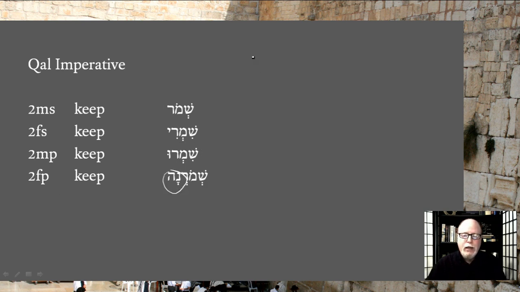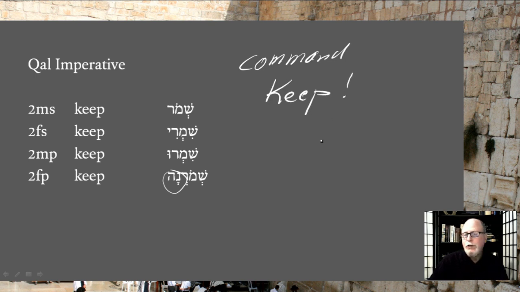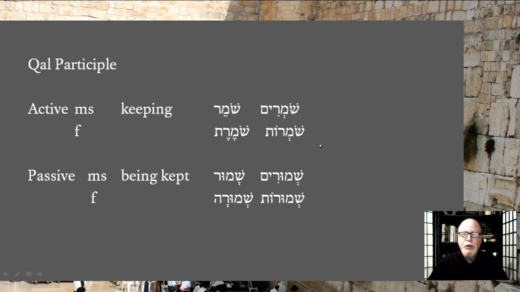This is going to be translated as a command. So if we use the word keep or he keeps, she keeps, whatever, we're just going to simply say keep. And with us, we might, for instance, emphasize that with the exclamation point. So that's the imperative. Again, a little bit more of a simpler presentation, but it'll get you started in terms of orientation to it.